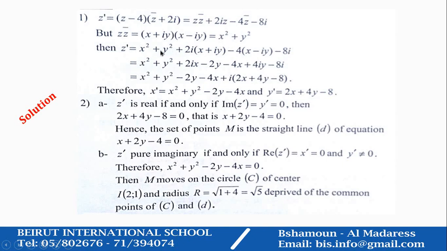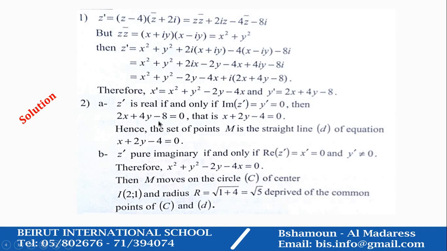You use this property, then you take i common factor, you simplify, and you end up with x squared plus y squared minus 2y minus 4x plus i times (2x plus 4y minus 8). This is the real part, this is the imaginary part. Therefore, x prime is x squared plus y squared minus 2y minus 4x, and y prime is 2x plus 4y minus 8.